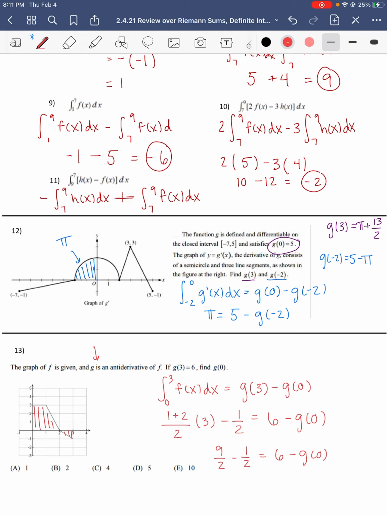So you'd get 8 halves, which is 4. Then you subtract the 6. So you get negative 2 equals negative g of 0. Divided by negative 1, both those become positive, so positive 2 would be your answer there.